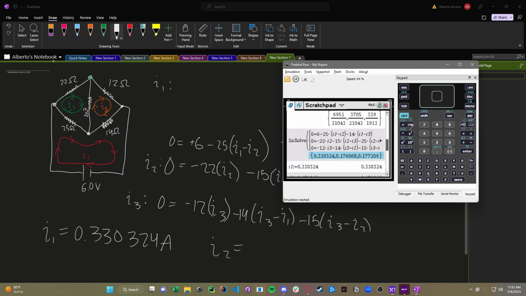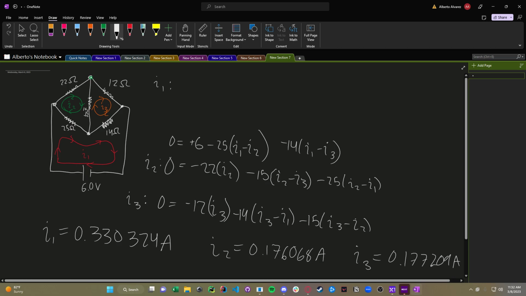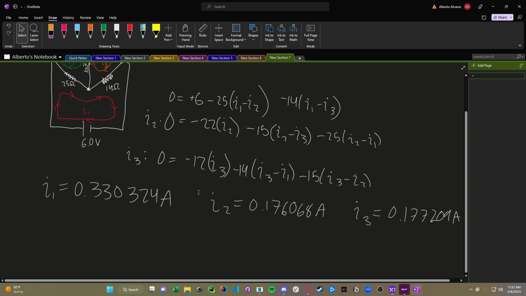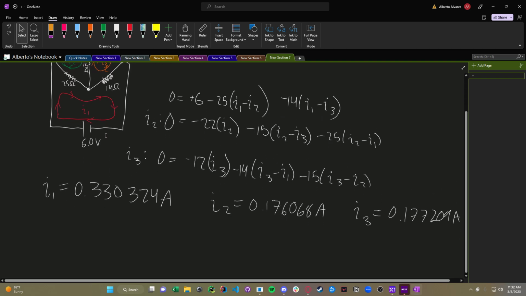I2 equals 0.176068 amps. And I3 equals 0.177209 amps.